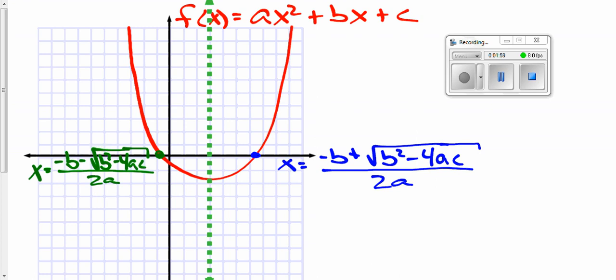Now, I ask you, given this guy and given this guy, how do I find that vertex? How do I find the x value where my vertex is at? How do I find the middle point between two numbers? Who's in stats here?